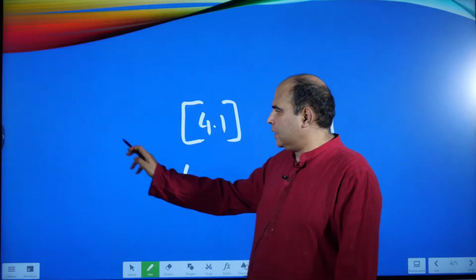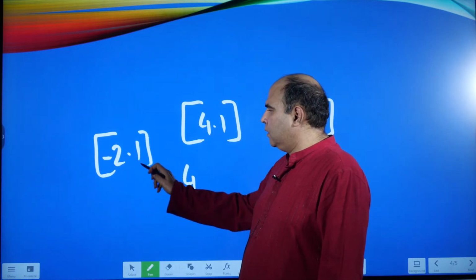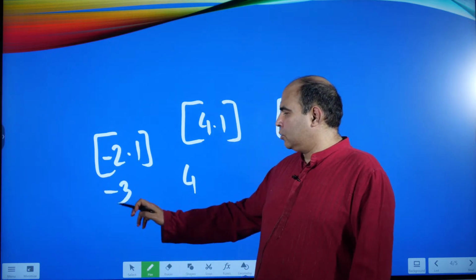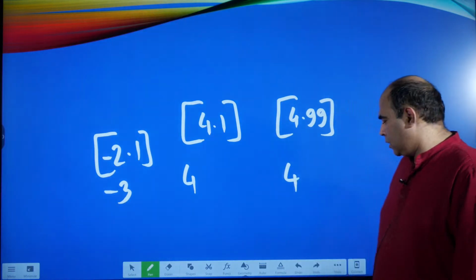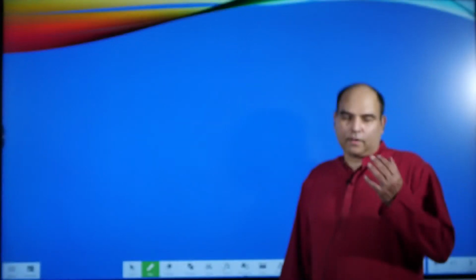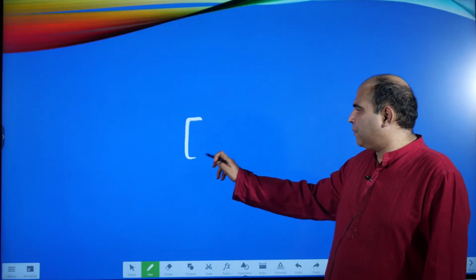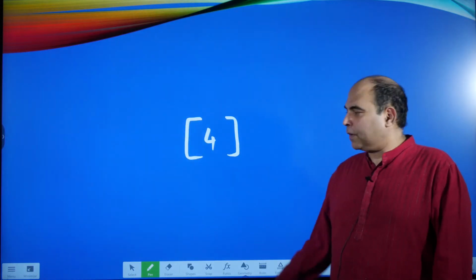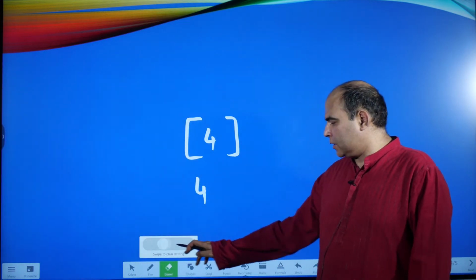And if I take, let's say, minus 2.1, the greatest integer below that is minus 3. So you should know how the greatest integer function behaves on both sides of the number line, when you take a negative value inside or a positive value. Of course, if the value inside is an integer by itself, if I put 4 inside the greatest integer function, then the value it returns is the integer itself. That's what a greatest integer function does.